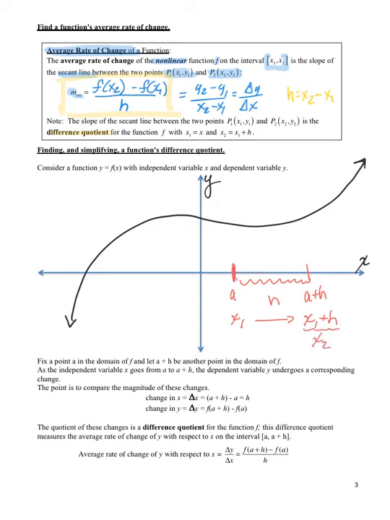So I'm just saying I have 2 points, and there are many different ways I can write it. This distance is h, so I can either call this A and A plus h, or x1 and x1 plus h, or even x1 and x2. Doesn't matter. They all mean the same thing.